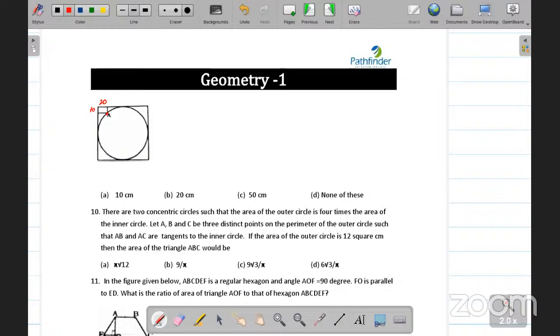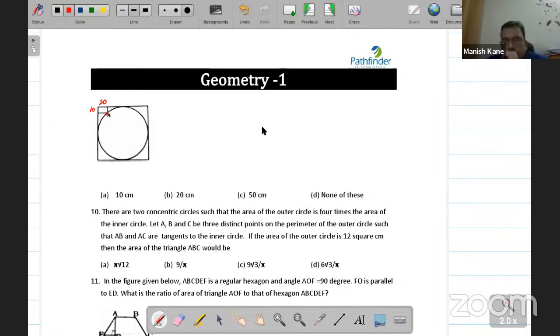Yes, please. Very good, Sajal. Divyanshi, both of you have got it right.